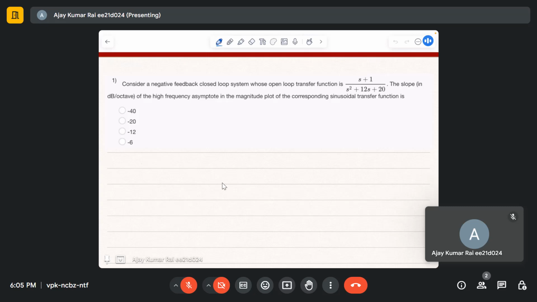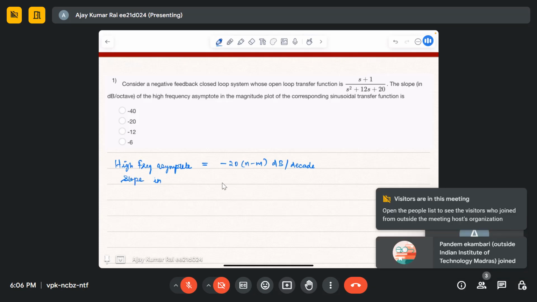This week we have studied the shortcut for how to get the high frequency asymptote, which is equal to minus 20 (n minus m) dB per decade. This is the high frequency asymptote slope in the magnitude plot.